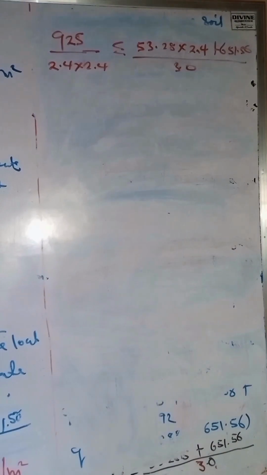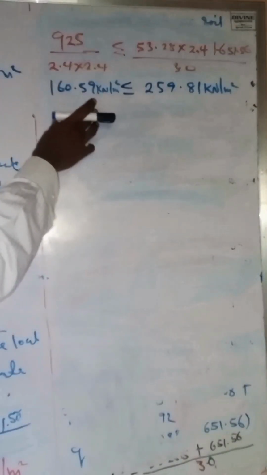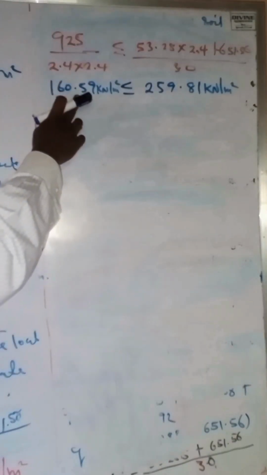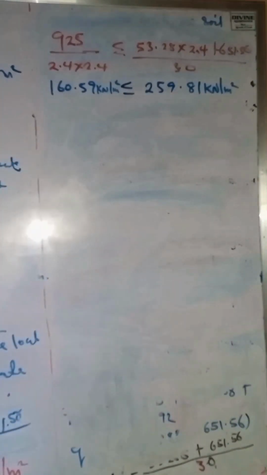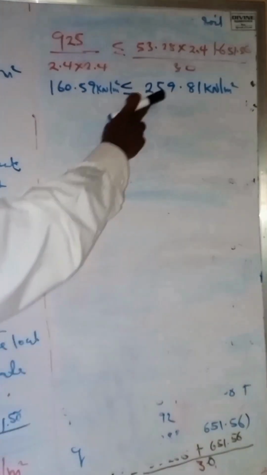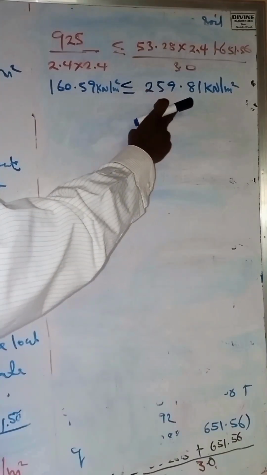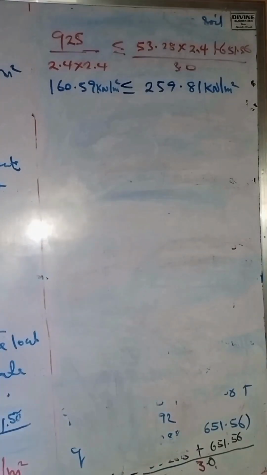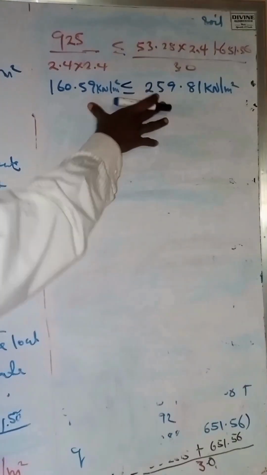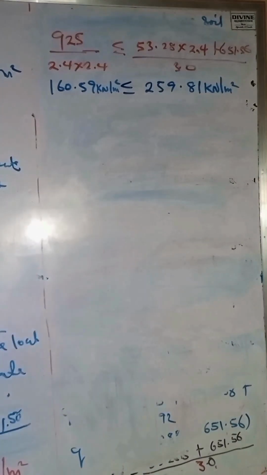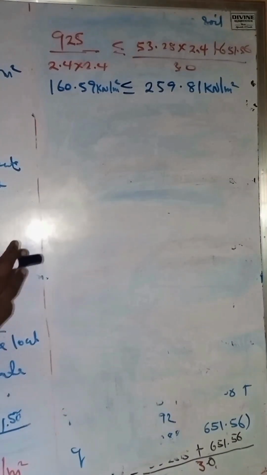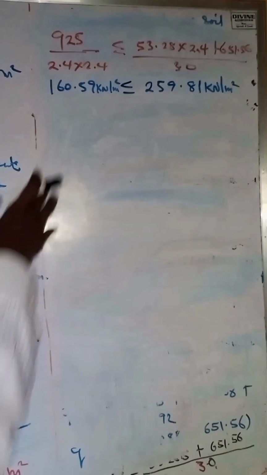Okay, so having our total applied stress on the footing to be 160.59 kilonewton per square meter, while the allowable stress that the footing can carry is 259.81 kilonewton per meter square. So it means that the footing can conveniently carry this load because this one is greater than the applied load that is coming on the footing. All right. So it means at this stage our footing has satisfied the stability requirement.